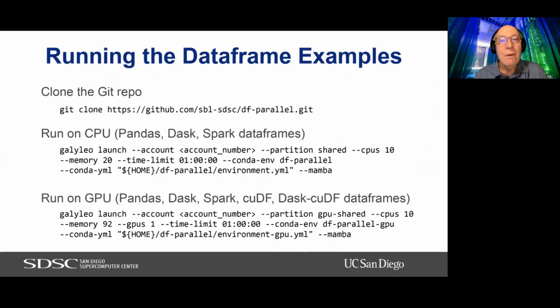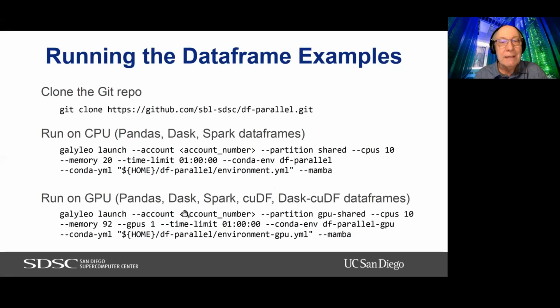We're going to run through a few data frame examples here. One is we're going to run pandas, Dask, and Spark data frames, which run on CPU. This is the way that will be run. We say we want 10 CPUs, 20 gigabytes of memory, 1 hour, and then we specify the name of the environment and the path.